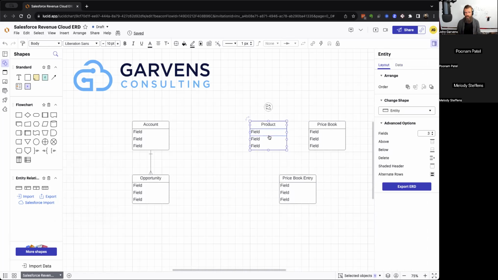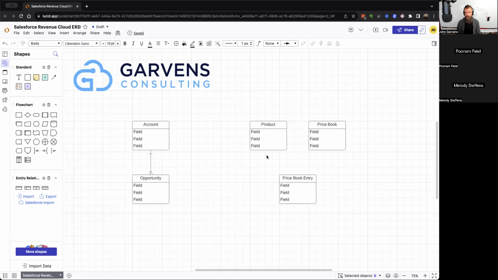And the relationship here is as follows. My product can have multiple price book entries. In other words, I might have a price of 10 US dollars and 11 Canadian dollars and whatever Japanese yen, euro, etc.